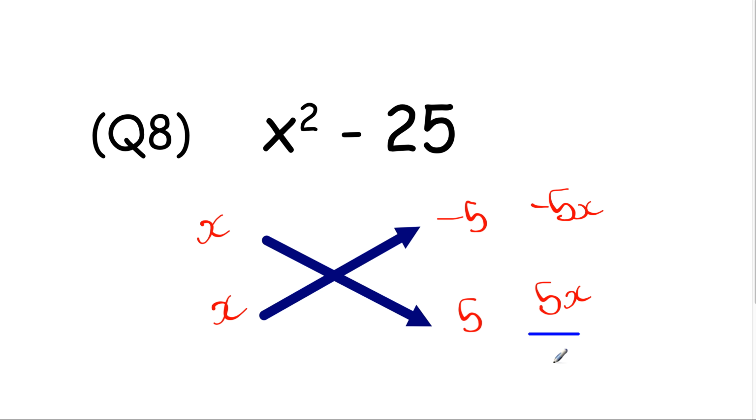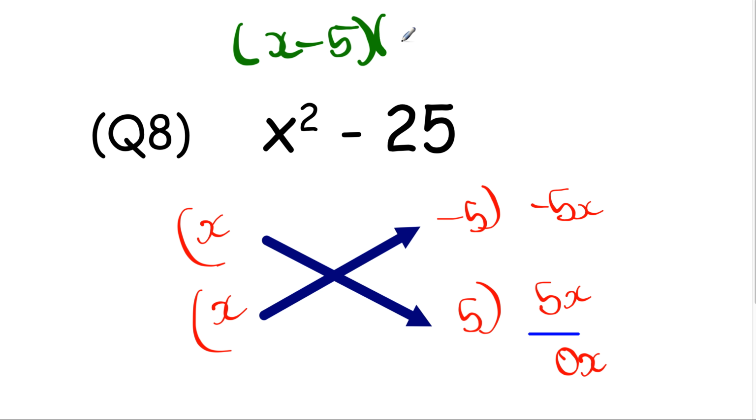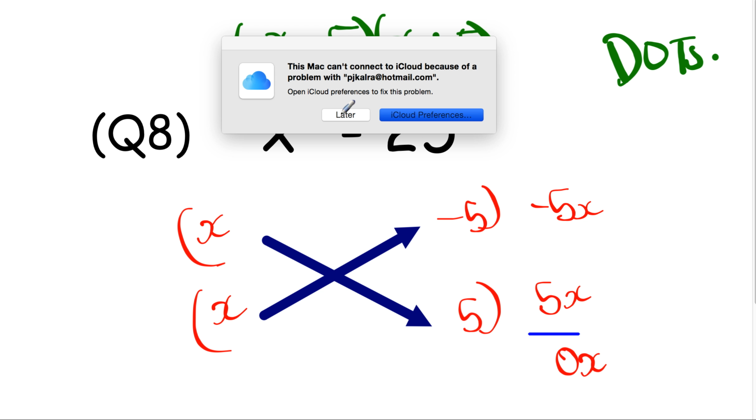Minus 5 plus 5 is 0 x's. There are 0 x's here. So when you factorize, okay, you've got x minus 5 bracket x plus 5 factorize, and that's another case of dots, the difference of squares.